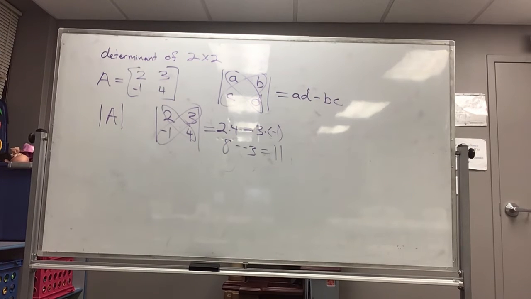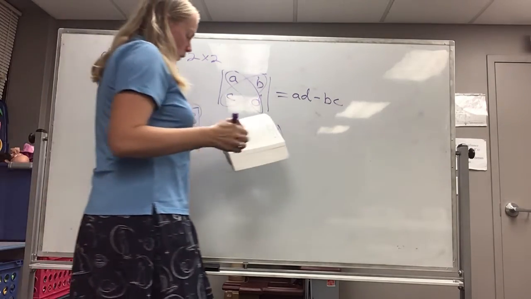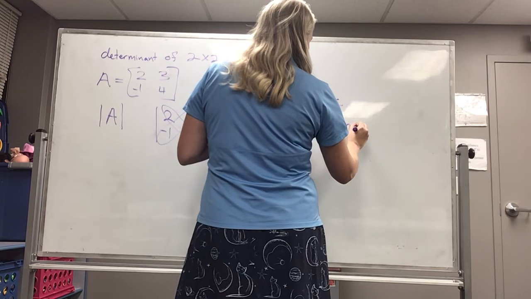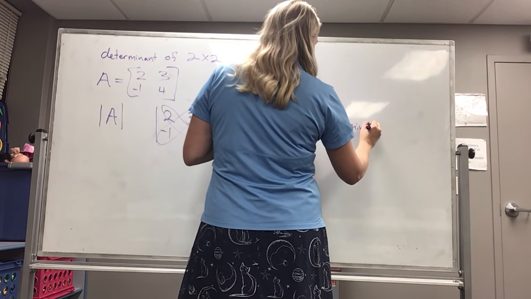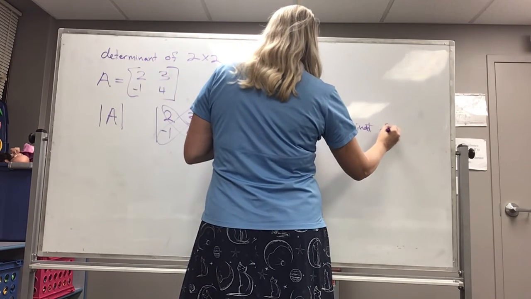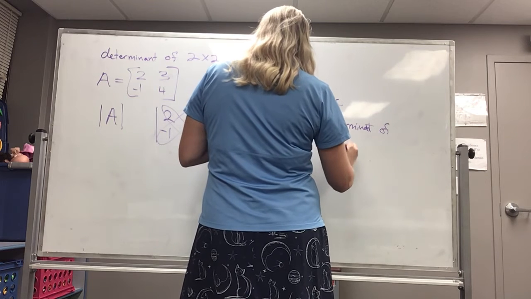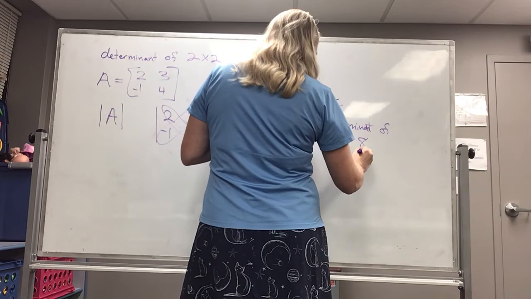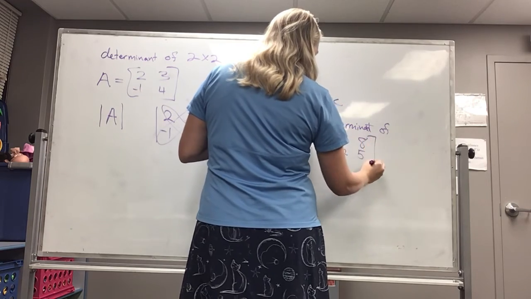So, final question before we are done. It asks, what is the determinant of [4, 8; 2, 5]?